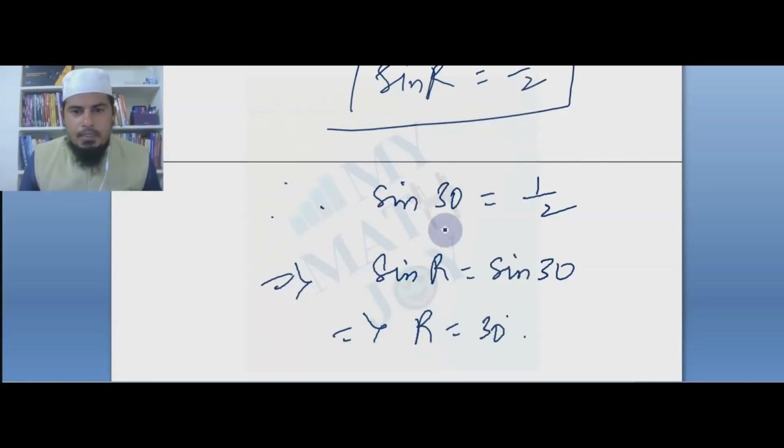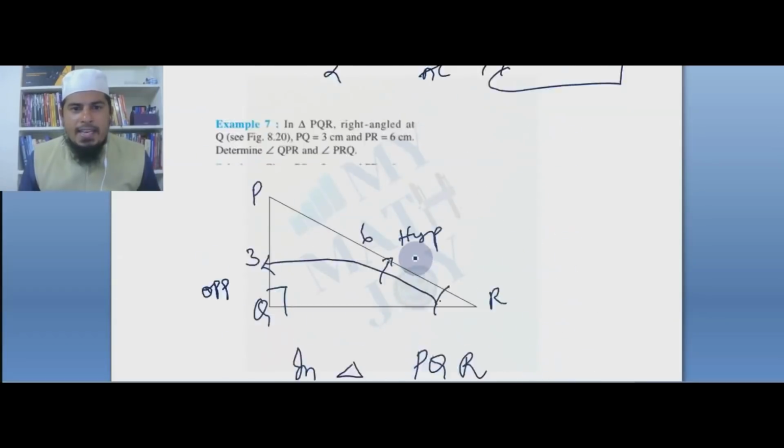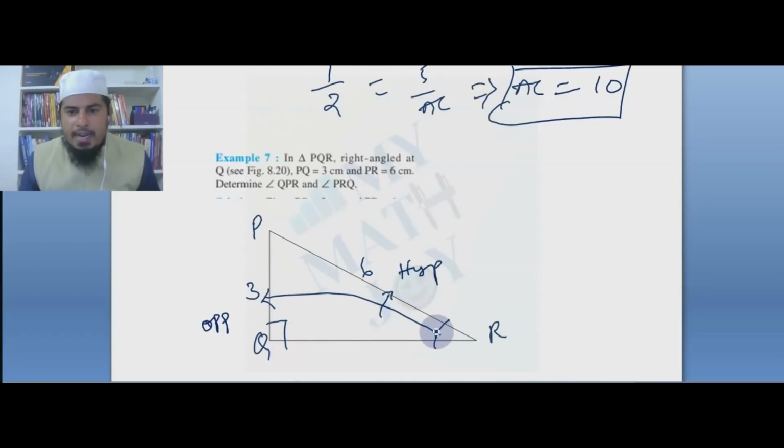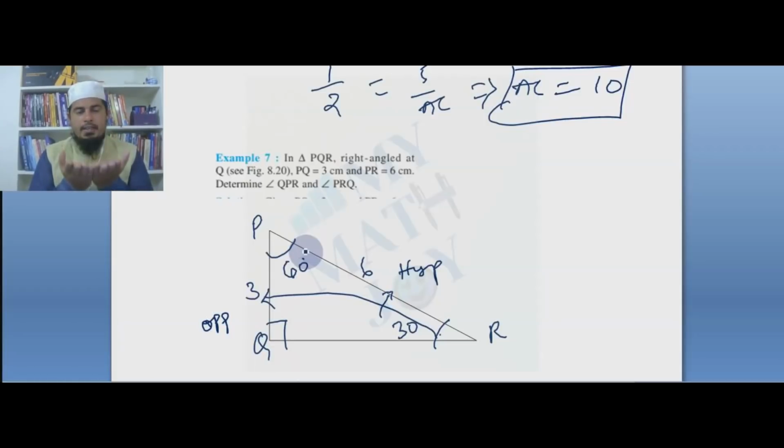So in this way, if I get one of the angles R as 30 degrees, you can directly use the complementary angle value, that is, it will be 60 degrees, because in a right angle triangle, other than 90 degrees, if one angle is 30, the sum of the other two angles should be 90.